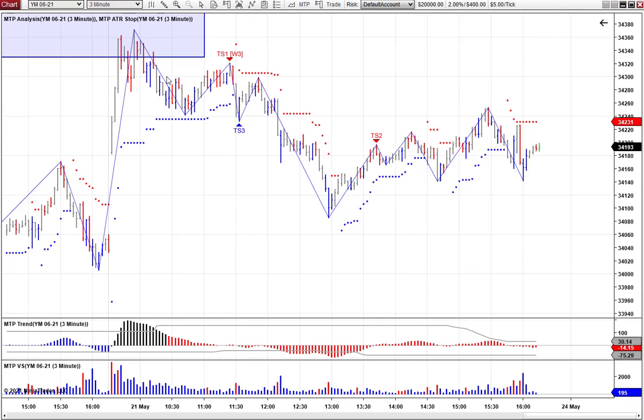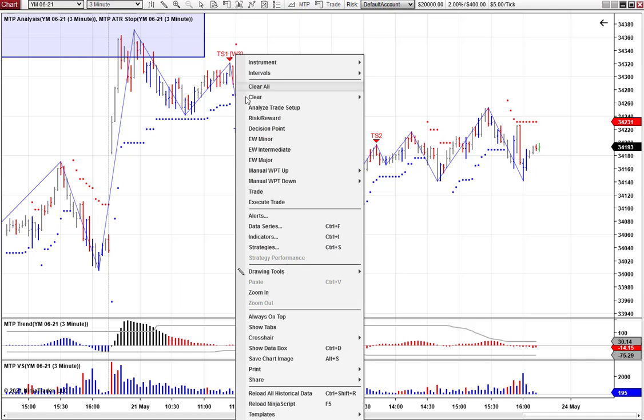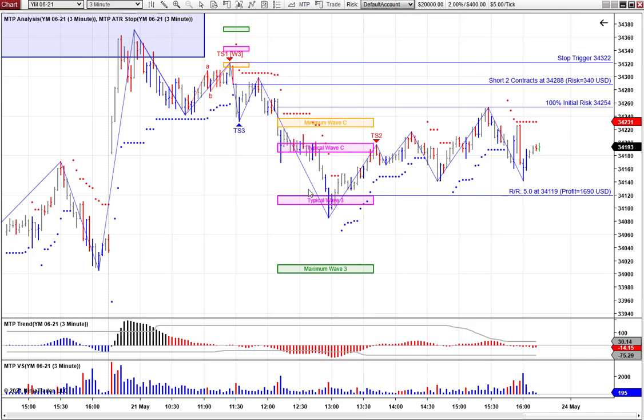That then deems the large degree trend to be in the direction you're looking for. In this case, that would be down off a DP resistance area. We then deem the large degree trend is down. We're then looking for, in this case, sell setups in the new downtrend direction.